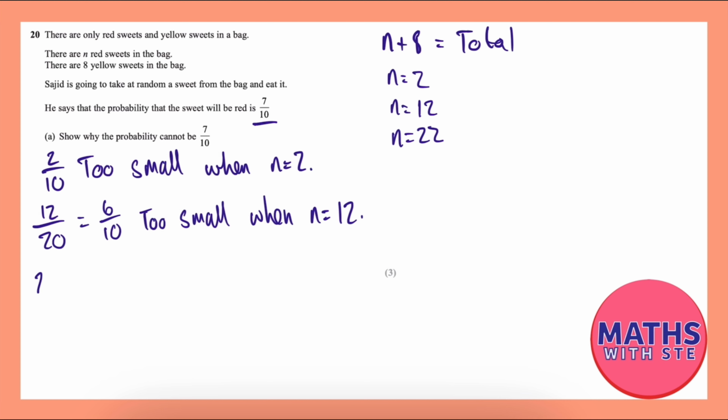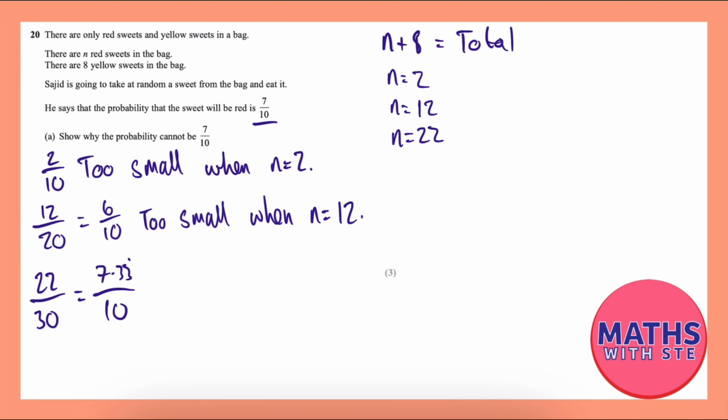Okay, let's try 22. So that would be 22 over 30, wouldn't it? Now, if I was to drop that down to 10, well, what's 22 divided by 3? That's never going to work, is it? It would equal 7.33, so I'm just going to write this down, 7.33 recurring over 10.